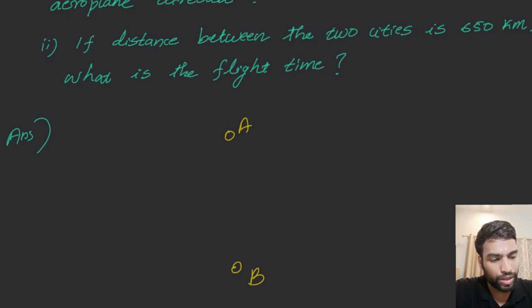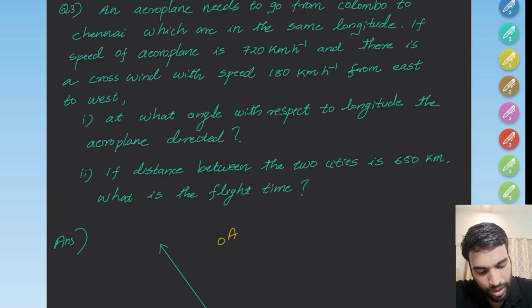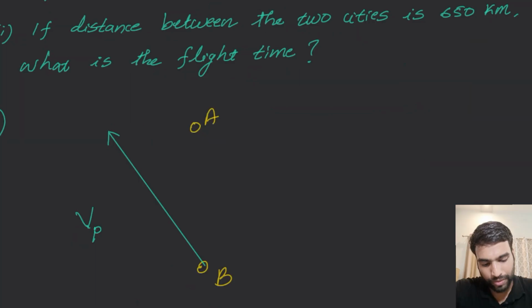So let me draw the individual velocity vectors, then you will understand more. This is the velocity of the aeroplane with respect to air. P denotes plane, aeroplane, right? And the next velocity is the velocity of the air, which is directed towards east, right?